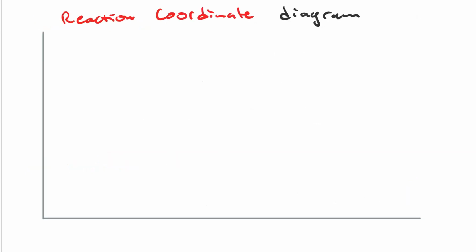A reaction coordinate diagram is a graph that has energy on the y-axis and progress of the reaction, that is reaction coordinate, on the x-axis.